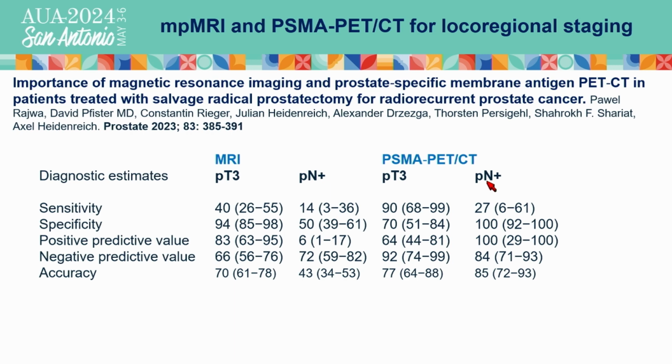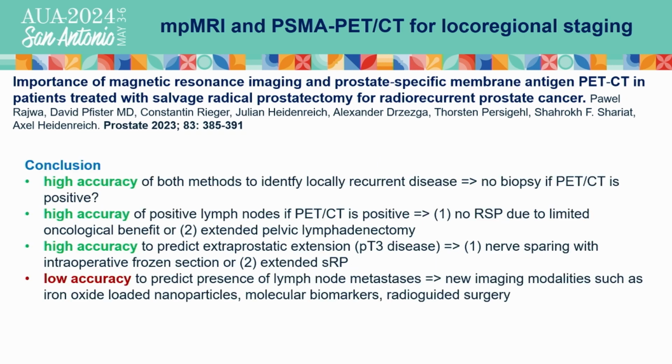So you can use a PSMA PET scan to stage your patients at least locally and systemically in order to have an idea if this might be a candidate for some type of local curative treatment as a second-line treatment like radical salvage prostatectomy. However, as in the situation of the treatment-naive, locally advanced prostate cancer, you always have to do this type of extended pelvic lymphadenectomy to identify those patients who might have positive lymph nodes.